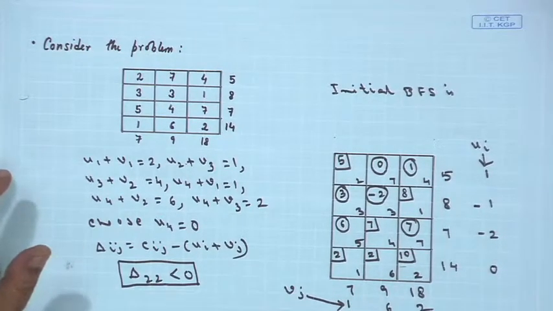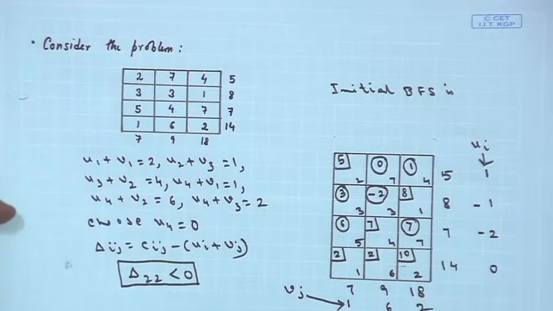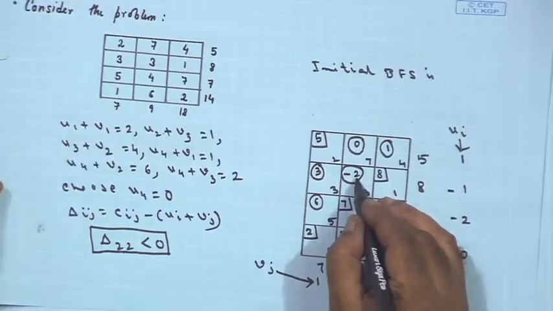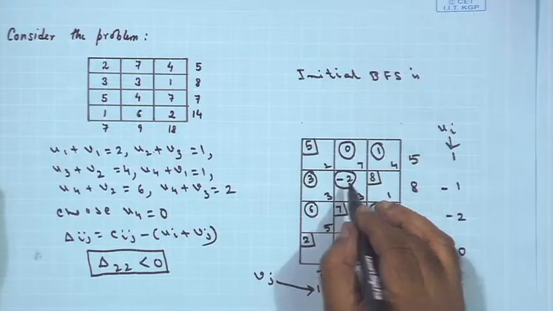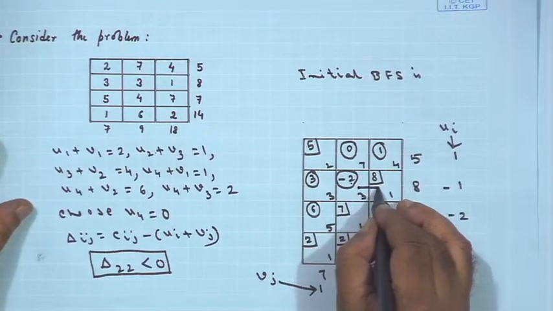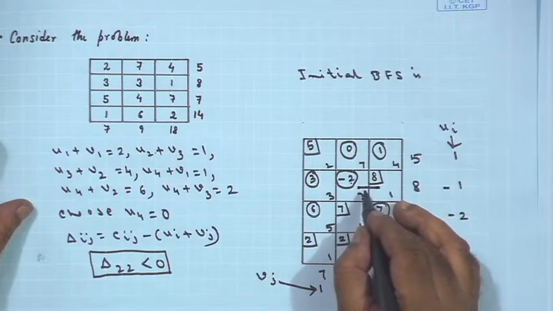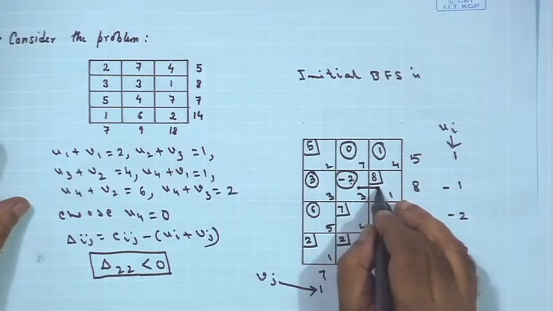Once the solution is not optimal, you have to form a loop now. From this table, your negativity is coming on this point. So, I can start from here and go up, because whenever I start from this, I have to travel on occupied cells only.